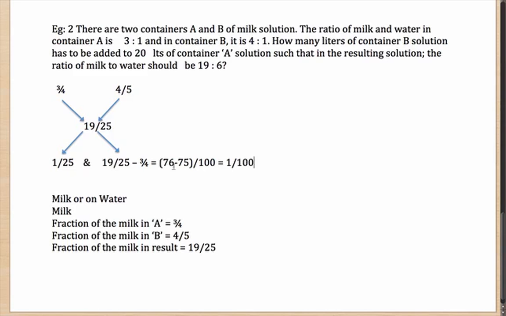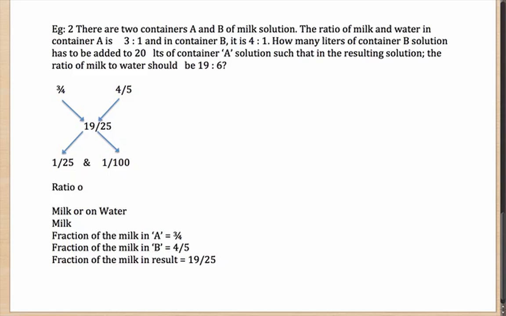So I've got my values as 1 by 25 and 1 by 100, which means the ratio of the two quantities should be 1 by 25 is to 1 by 100. It is very difficult to solve these kinds of questions when the ratios are in fractions. So to make it simpler, I multiply the entire ratio by 100.